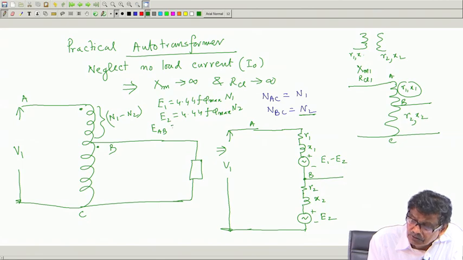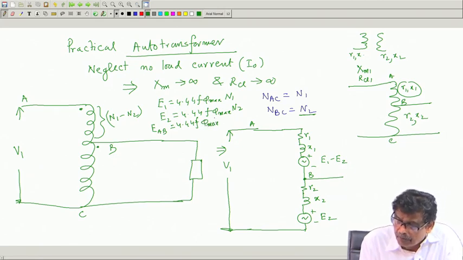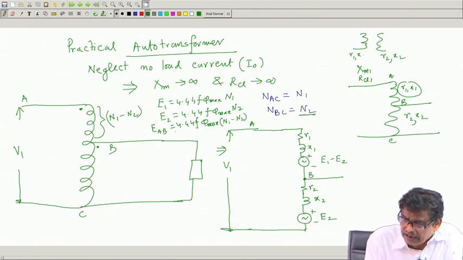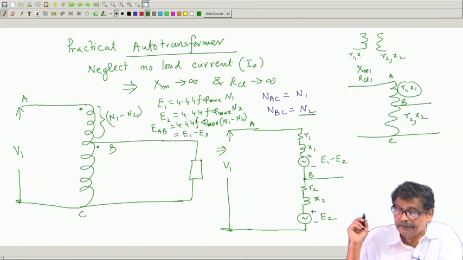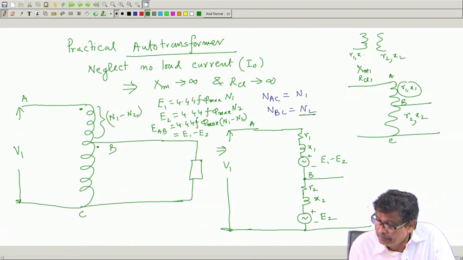It will be equal to 4.44 A phi max into the number of turns between these 2 points, which is nothing but N 1 minus N 2, and which will give me E 1 minus E 2. Got the point. So, this is the thing, and here will be your load.